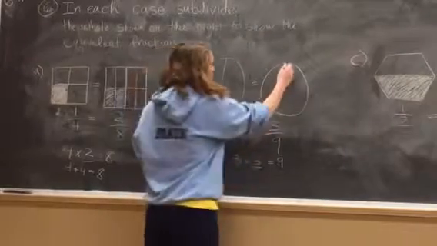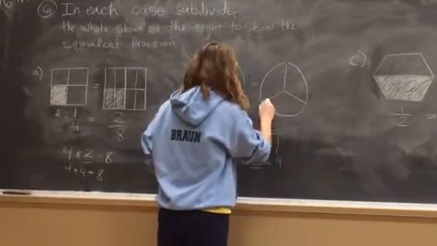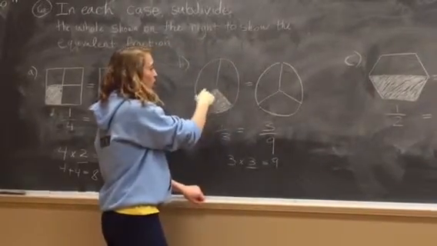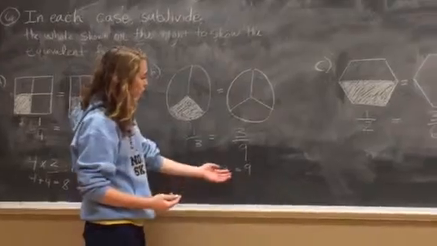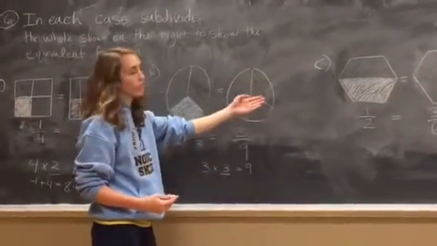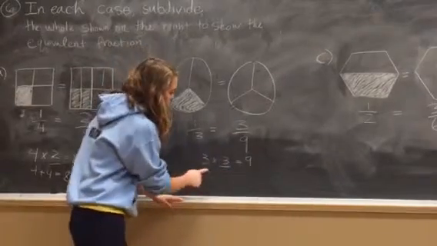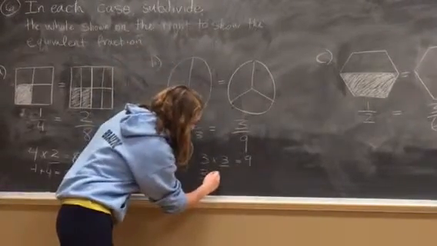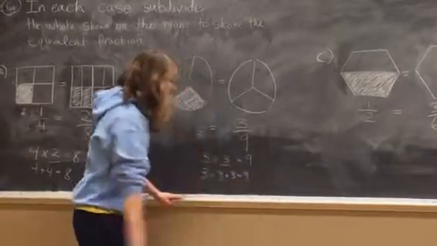So we know we're going to start off by breaking it into 3 parts again. Just like this, we already know how to break it into 3 parts, so we're going to do that again. And then we're going to break each one of those parts into 3. And we know that from this equation, because 3 times 3 equals 9, or 3 plus 3 plus 3 equals 9.